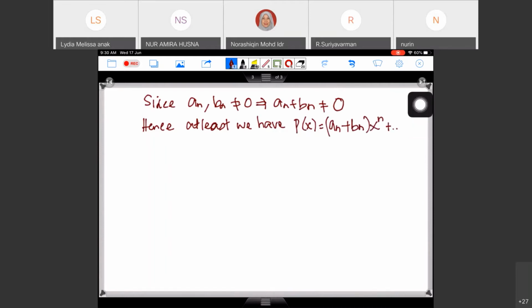We don't care about the rest of the coefficients. Even if they are zero, it doesn't matter. This is already counted as a polynomial of degree n. So yes, axiom 1 is done. Girls and boys, are you guys okay? Okay, Doctor.